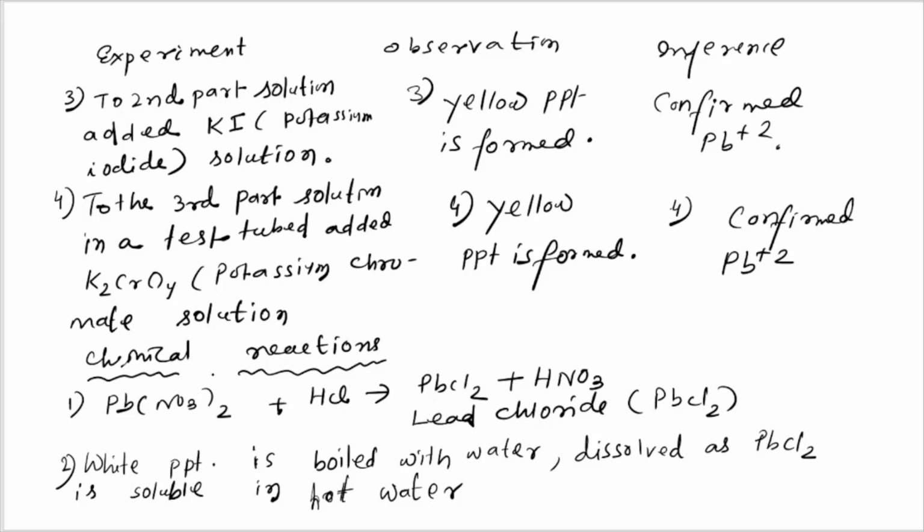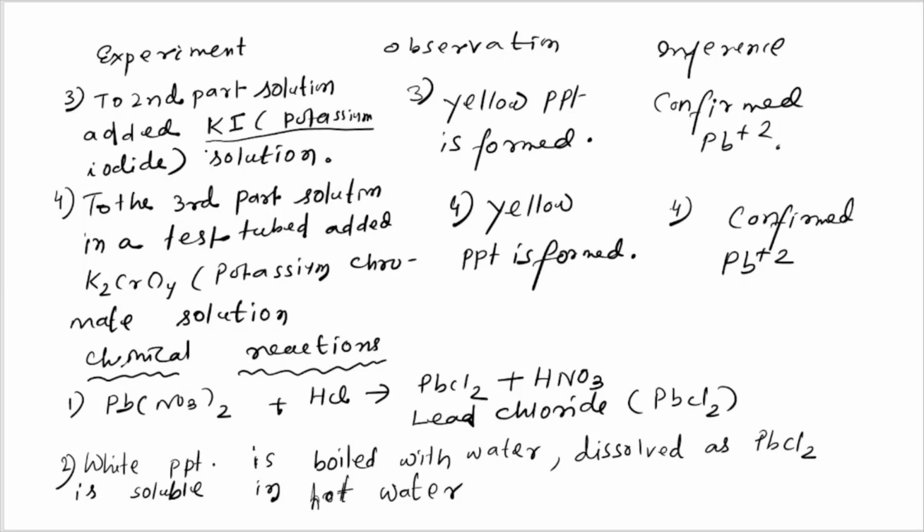Then for the second part, what will you add? The second part is also a hot solution, and cooling has no effect, so immediately potassium iodide is added. To the hot solution, KI, potassium iodide, which is colorless, is added, but immediately it will give a yellow precipitate. Why?